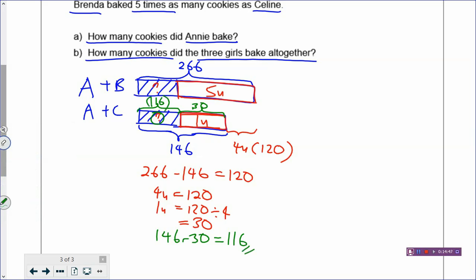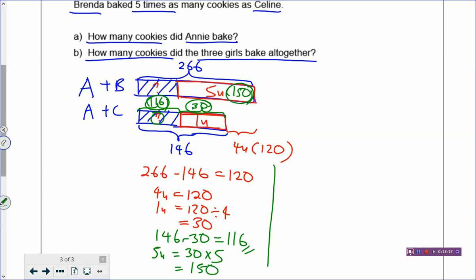Alright, so how many cookies did the 3 girls bake altogether? So I got Annie's, how many cookies she baked. I got Celine. So now I need to find Brenda. So Brenda has 5 units. So how many is 5 units? So 5 units will be 30 times 5. And Brenda baked 150. Okay, so now can I find the total number of cookies they baked all together?